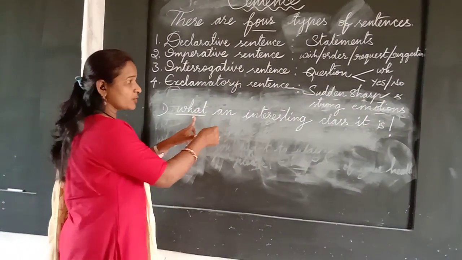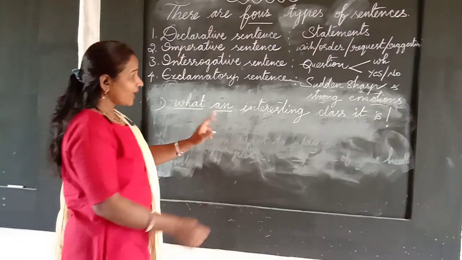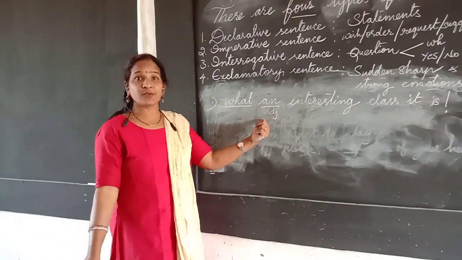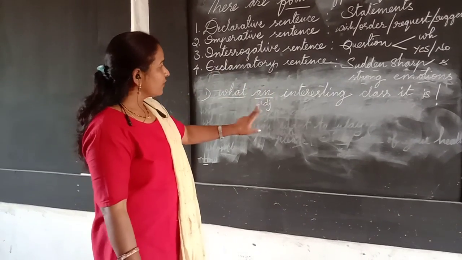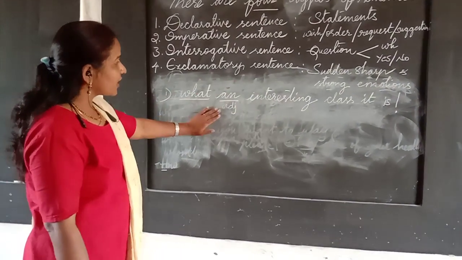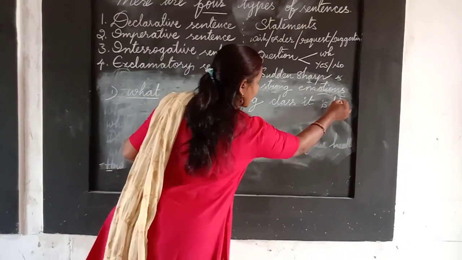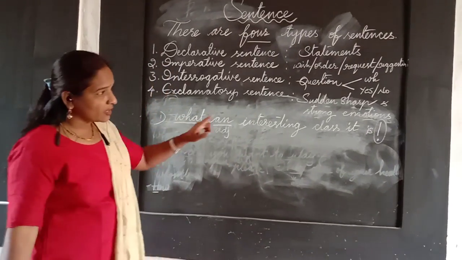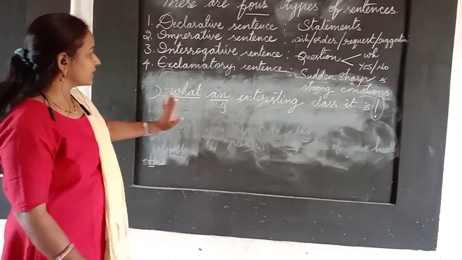The same what is used here, but after what we got an. An is an adjective. It is not an auxiliary verb, as I told you. So, whenever you have an adjective after what, we call it an exclamatory sentence. So, what an interesting class it is. The exclamatory mark is a line and a dot below it. That is how we end the exclamatory sentence.